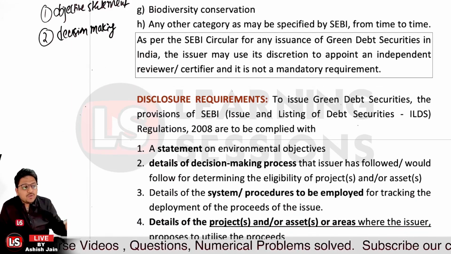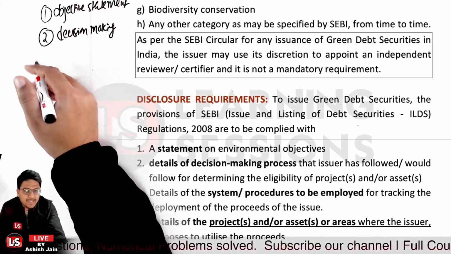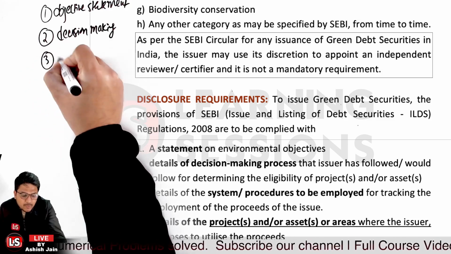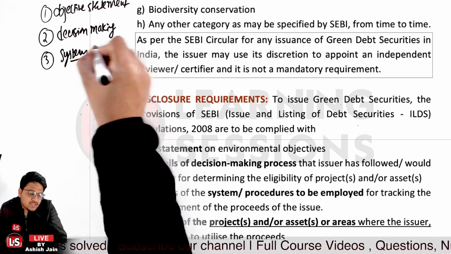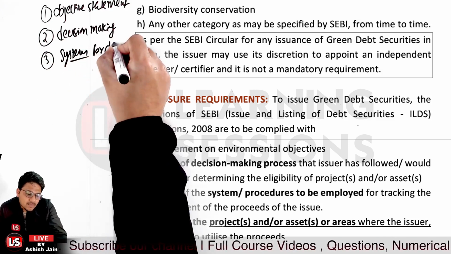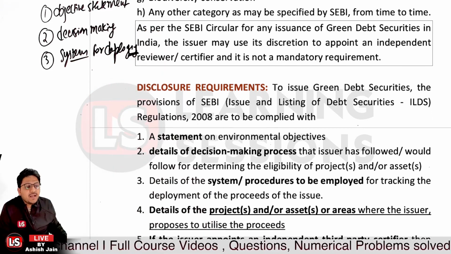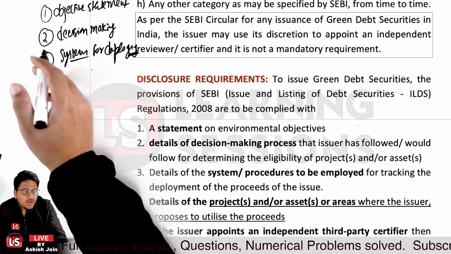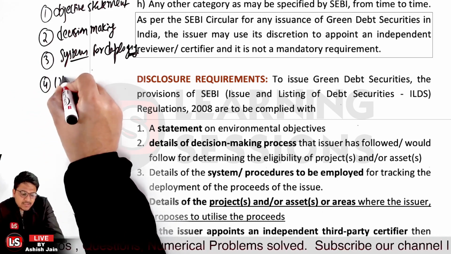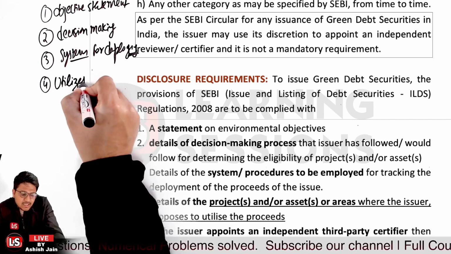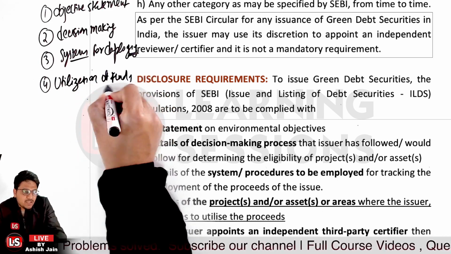Further, what systems or procedures will be employed to track the deployment, that is, where the funds are being deployed. And further, details of utilization of funds, that is, where the proceeds are being used, right?